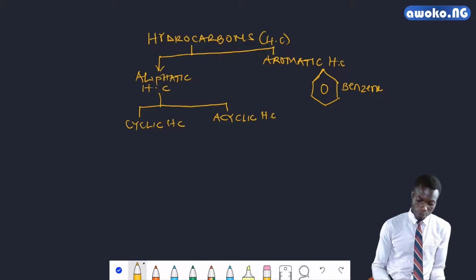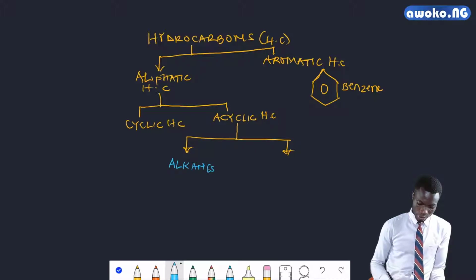And basically, we have a subdivision of acyclic hydrocarbons into our key discussion for today, alkenes, and then we have alkynes.